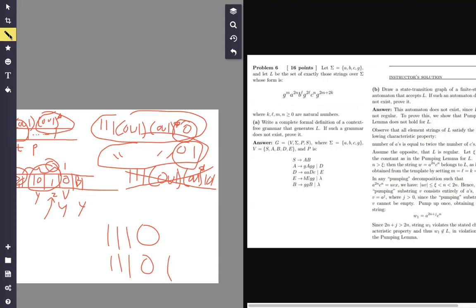And so if you remember that, it's possible that something is context free, but it's not regular, right? If this is the class of all languages that are regular and this is the class of all languages that are context free, this is basically an example of something that exists right here. It's context free, but it's not regular. And so that's why you're able to answer the first part and answer the second part. Which part did you get stuck on?